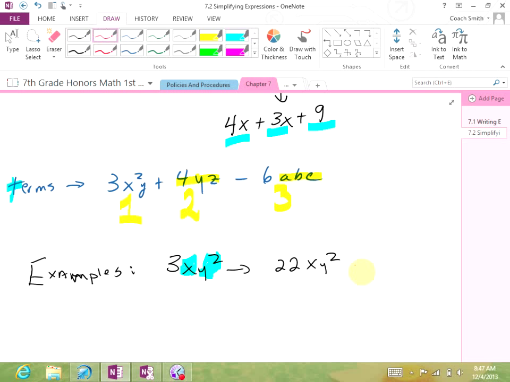So this is like terms, because the x is raised to the first power, the y is raised to the second power in both of them. Let me give you an example of one that isn't.